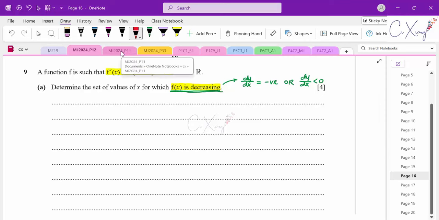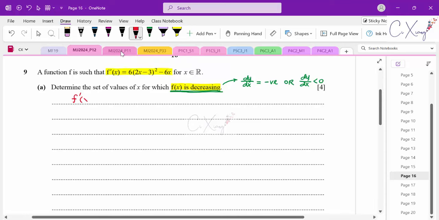So let's start. I'm starting from this part, f prime x smaller than 0. So what's my f prime x here? I have 6, 2x minus 3 square minus 6x smaller than 0. So expand it.